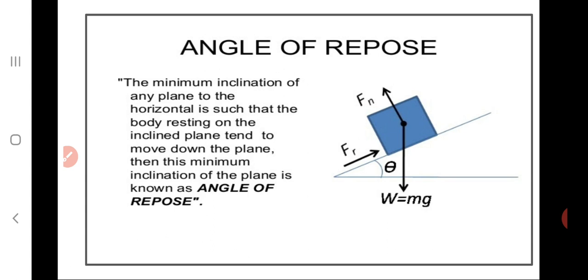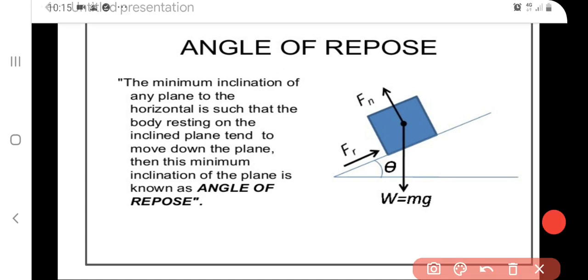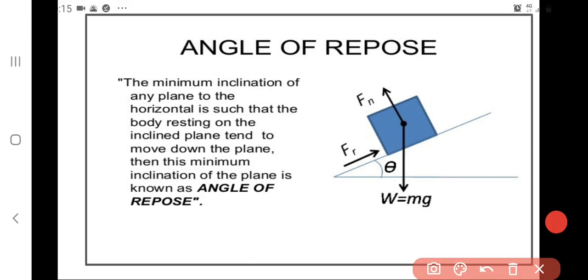Whenever we have objects on an inclined plane, how to represent the forces acting on them is of importance. So first of all, the first force which we have to show in the diagram is the weight, which is acting vertically downwards, and the normal reaction will always be acting normal to the surface of that inclined plane.